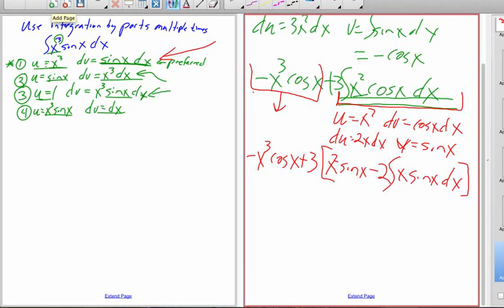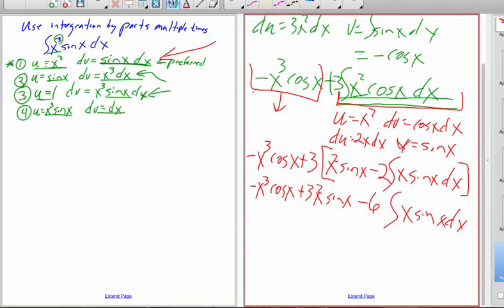And I'm going to go ahead and distribute through here. So I've got a negative x cubed cosine of x plus 3x squared sine of x minus 6 times the integral of x sine of x dx.